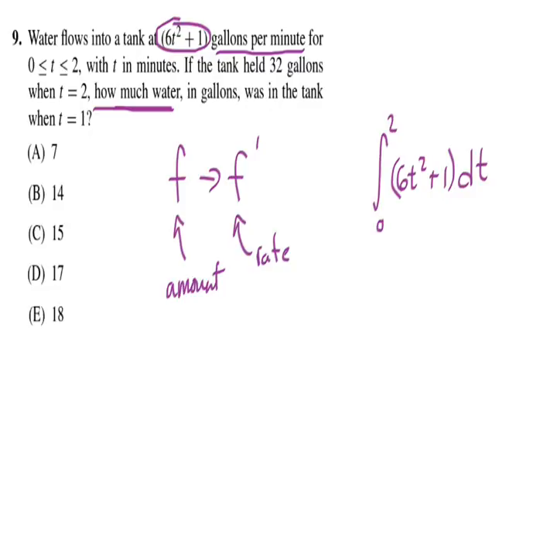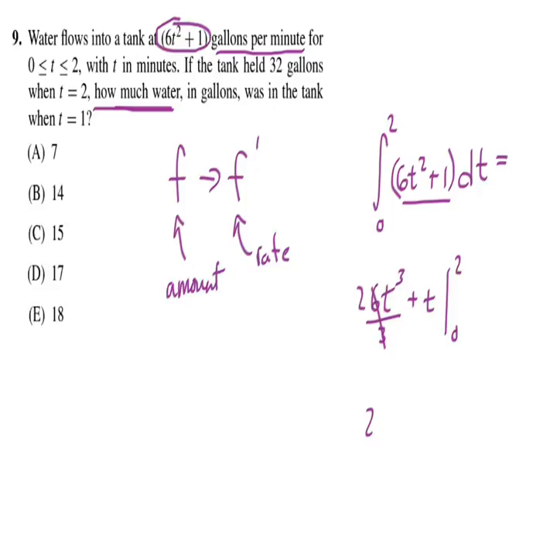Now, if you know FTC, the fundamental theorem of calculus, you're already thinking that this is going to equal the antiderivative of this, so then we would get t to the third, then you have 6 in front divided by 3, so this is just going to be a 2 in front, plus a t, and then you're going to plug in 0 and 2.